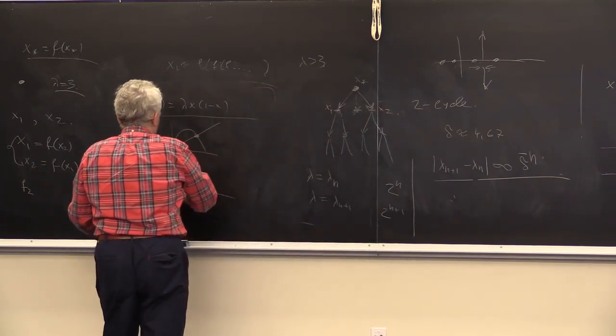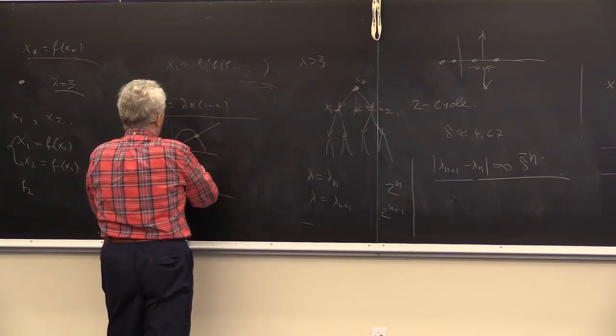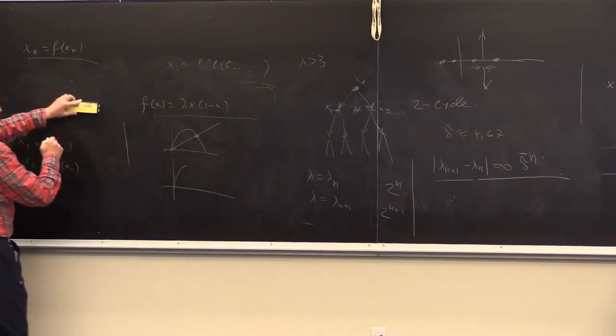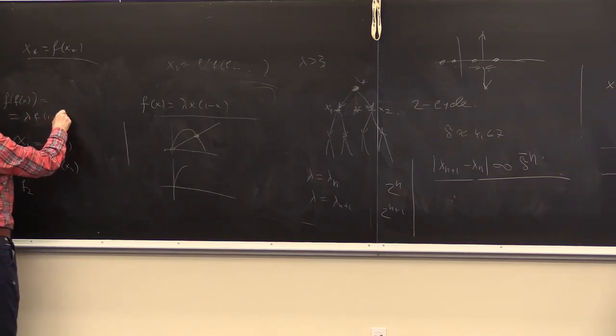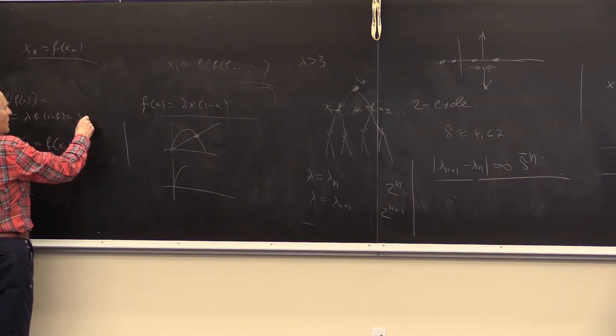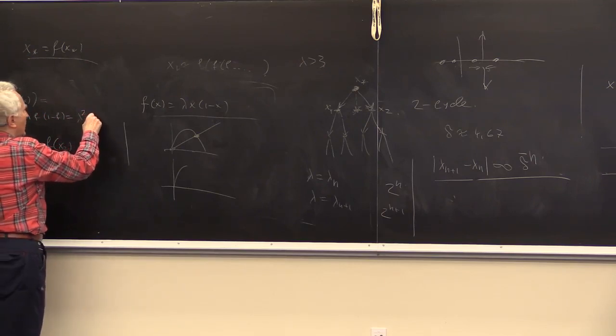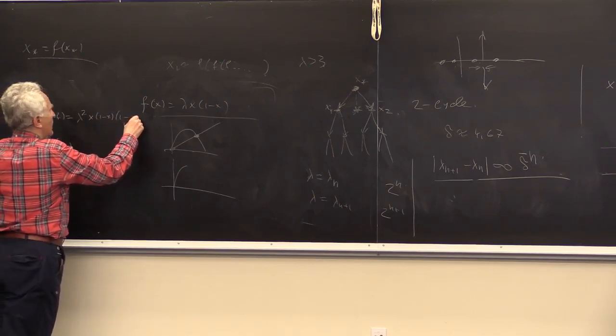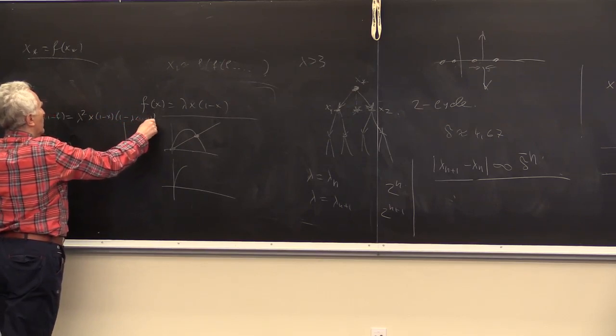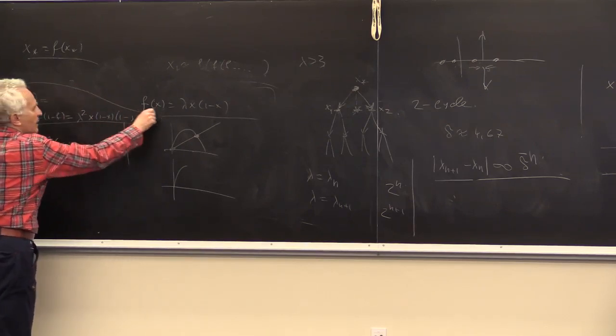So more diagrammatically, what happens is, if we just calculate this thing, you see it's just lambda f1 minus f, lambda square x, 1 minus x, 1 minus lambda x, 1 minus x. So I iterated the function.